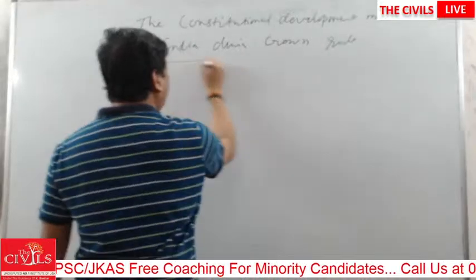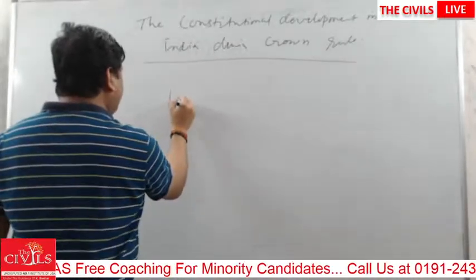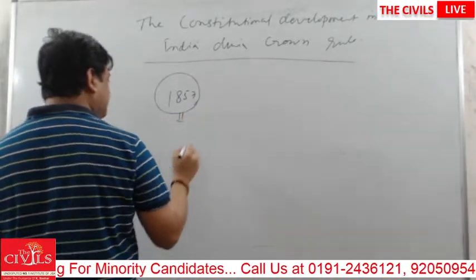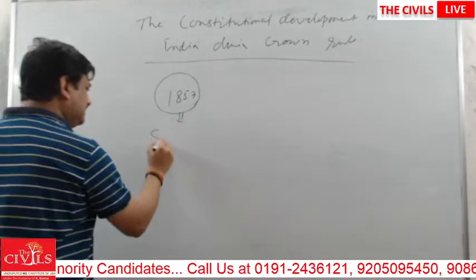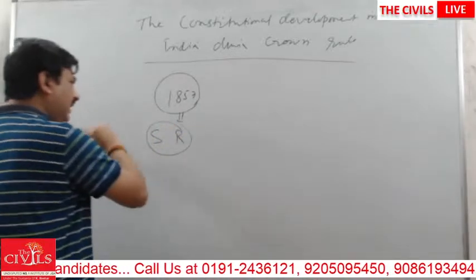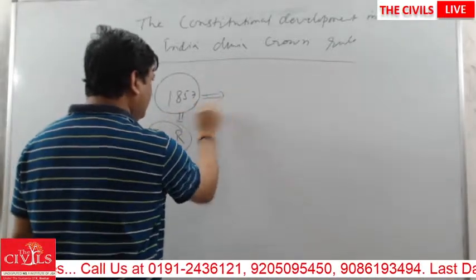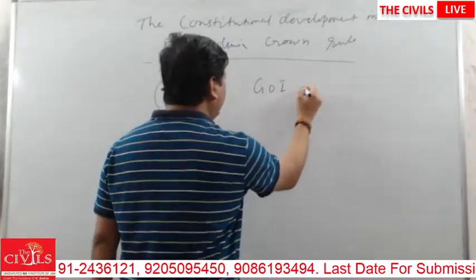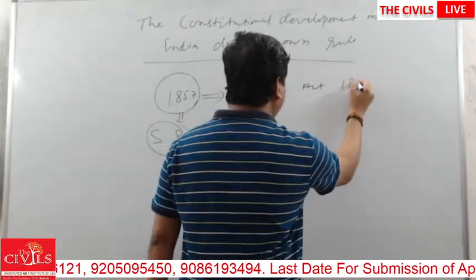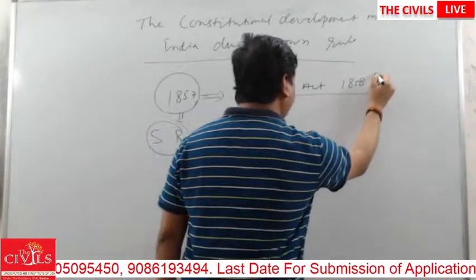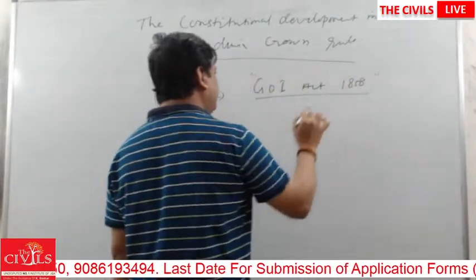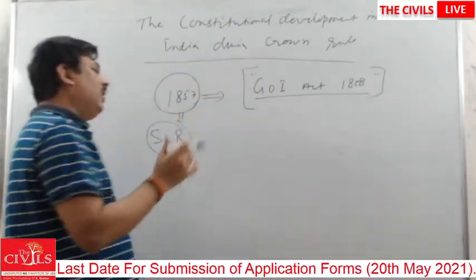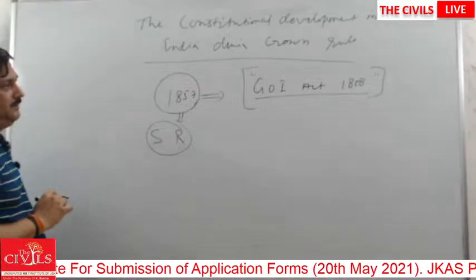We all know in 1857 what happened? The Sepoy revolt took place. And after this revolt, the Government of India Act was passed in 1858, and the purpose of this act was to end the rule of East India Company.